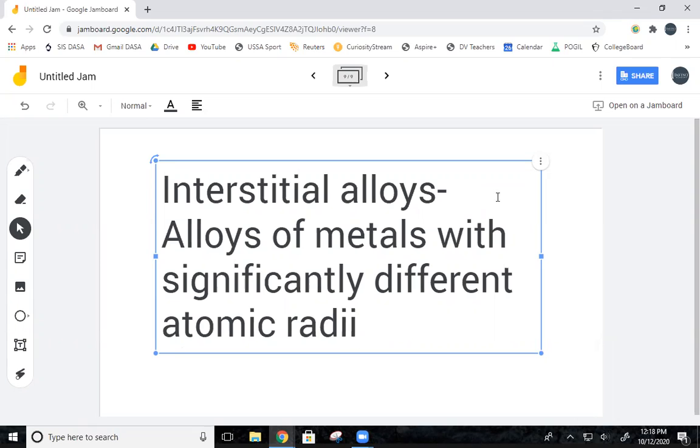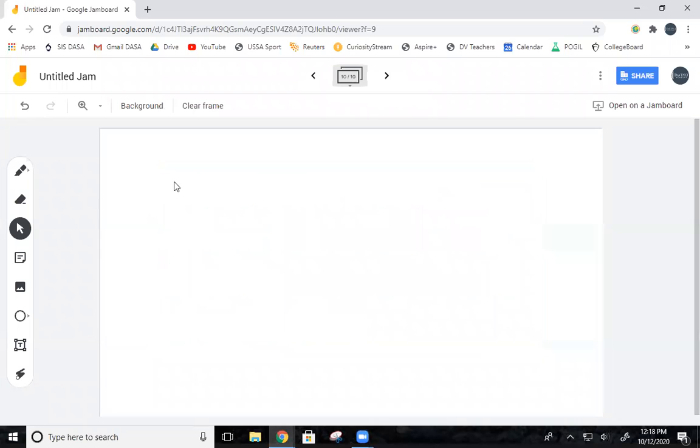An interstitial alloy would be like cementite, because the carbon and the iron are very different. It's hard to bend them because it warps the structure.